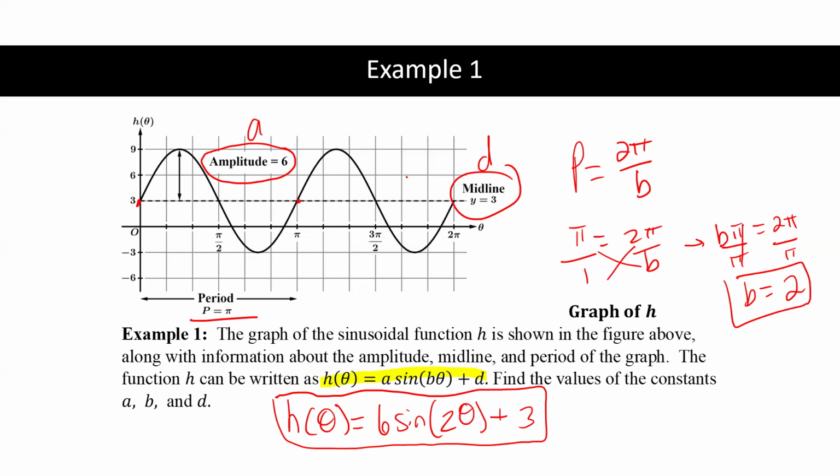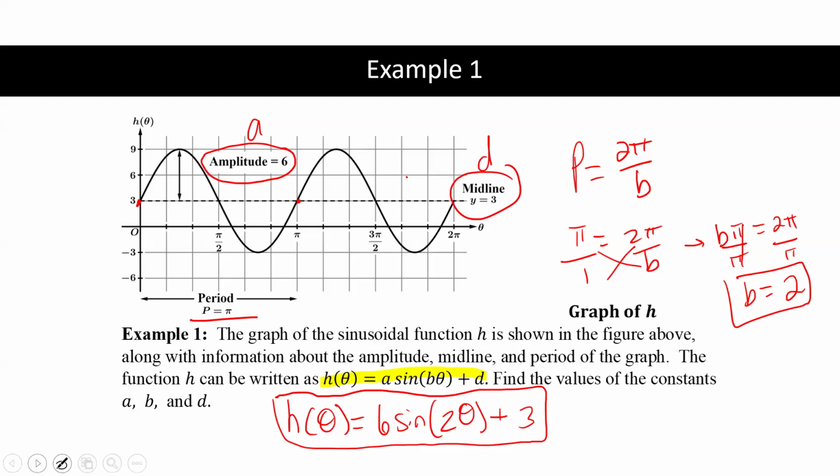Where the sin is at in the answer, is that supposed to be a B? No, it's a 6. So amplitude 6 is 6 sine 2 theta plus 3. Okay, I understand, because your amplitude is your A. Wait, is that theta? That is a theta. I thought it was a B right here.